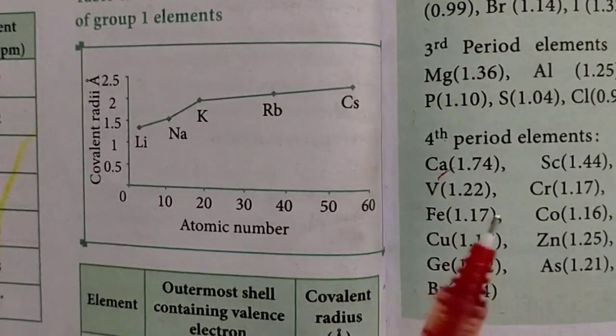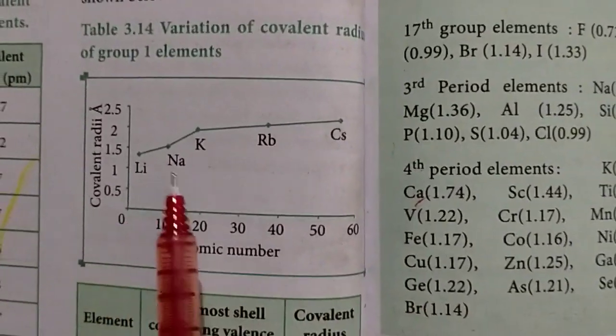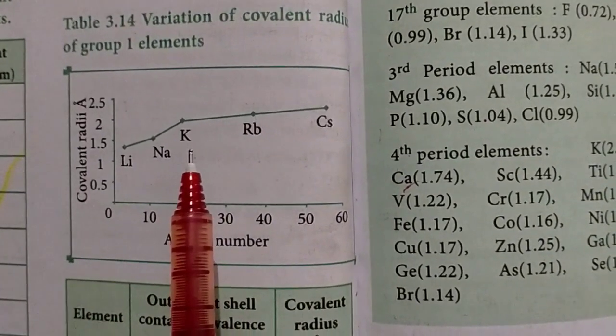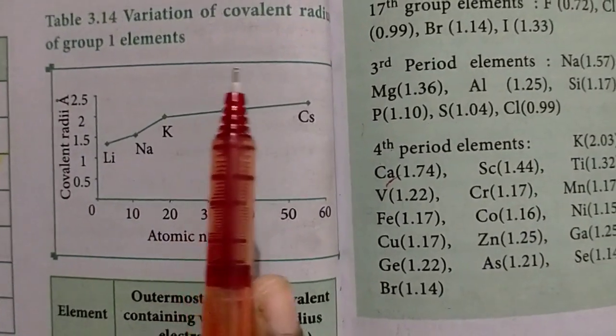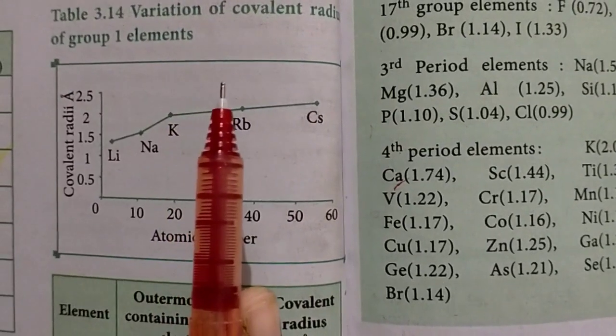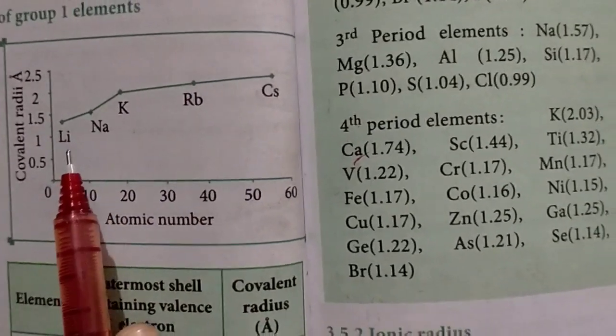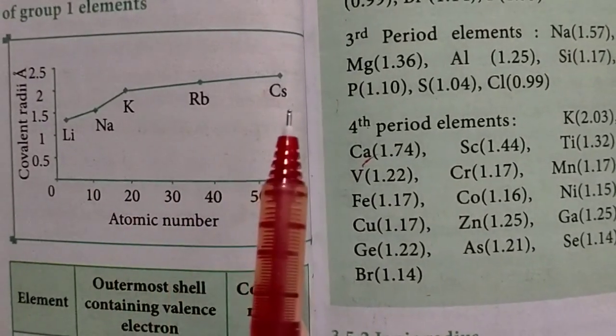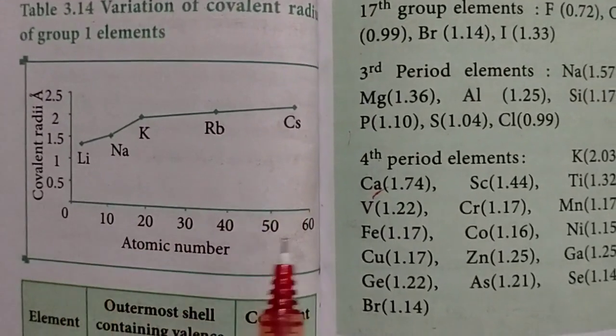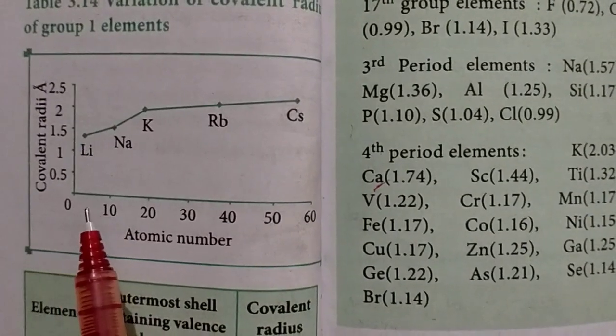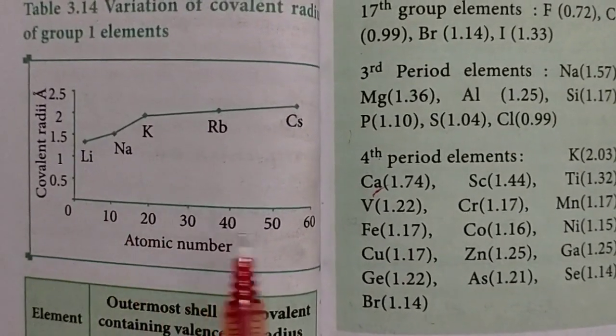Take page number 82 and look at this table 3.14, variation of covalent radius of group 1 elements. What are the elements present in group 1? Lithium, sodium, potassium, rubidium and cesium. Look at the atomic number of these elements. It's increasing.